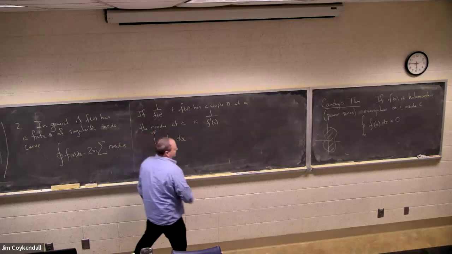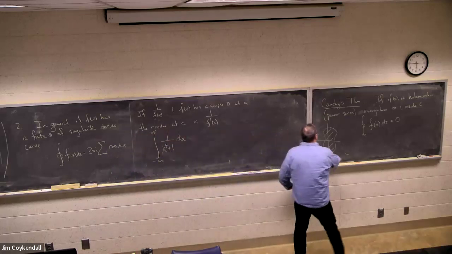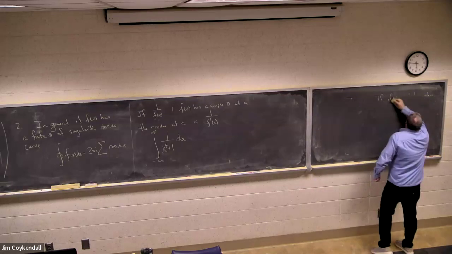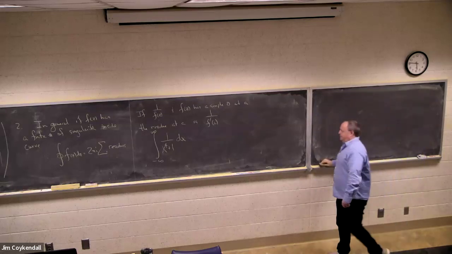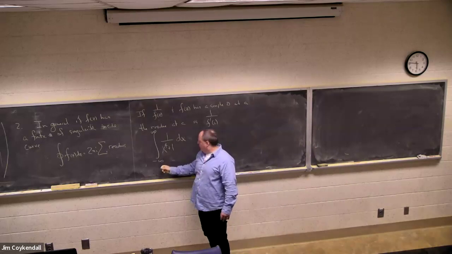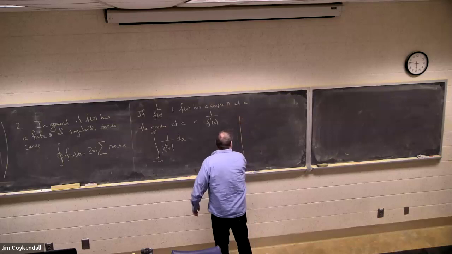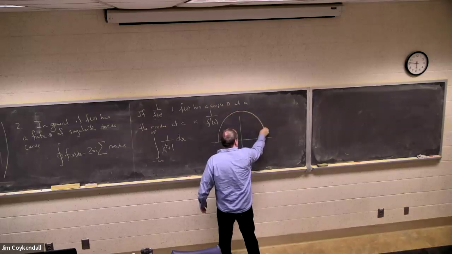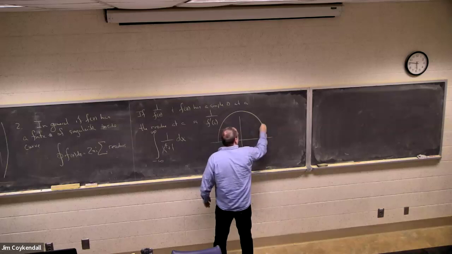This is magic. Okay, the first thing I need to do, I'm going to tell you what my strategy is. I'm going to integrate this in the complex plane, but of course, I just really want this real answer. So what I'm going to do is put it on a big semicircle like this.